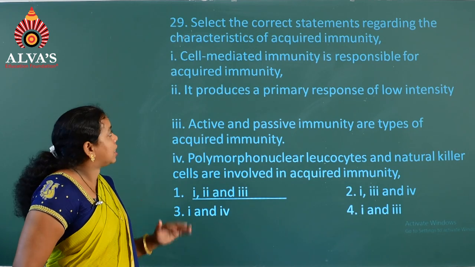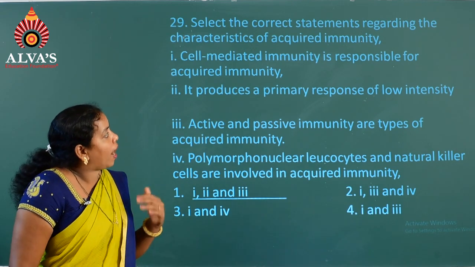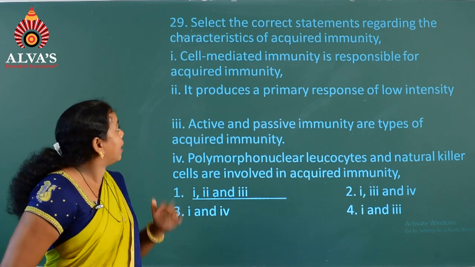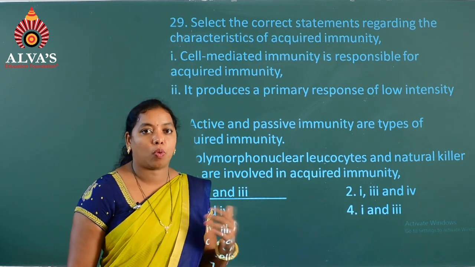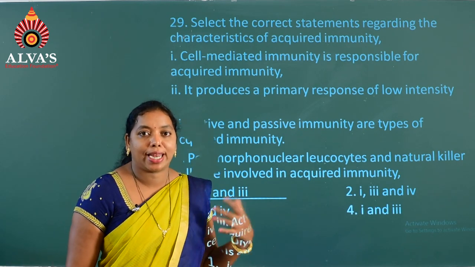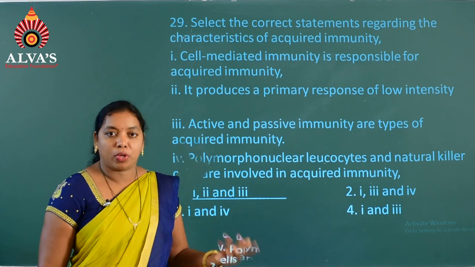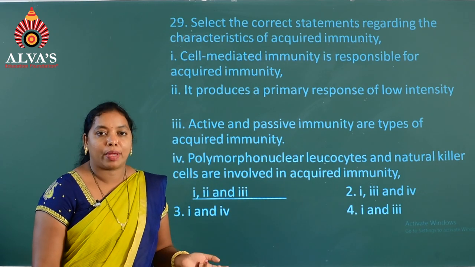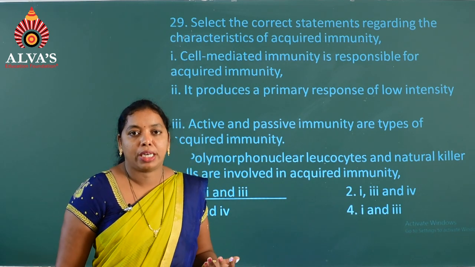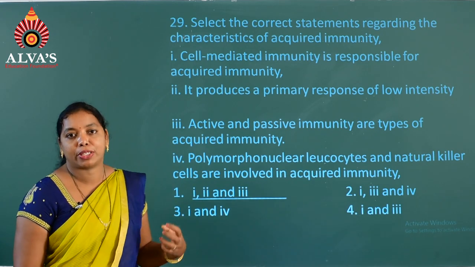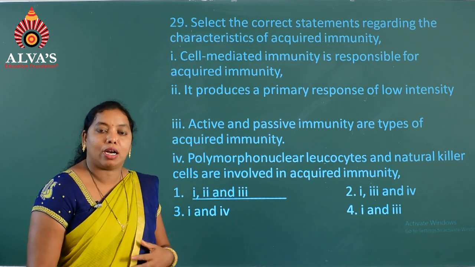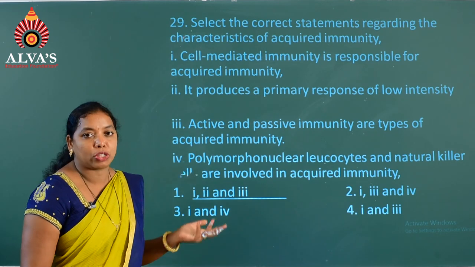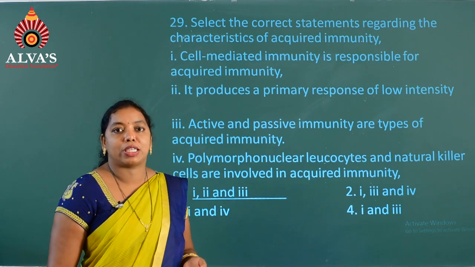The question is to identify the correct statement regarding the characteristics of acquired immunity, which is also called adaptive immunity or memory based immune response. Acquired immunity is very specific to the particular type of pathogen, and hence is also called specific immune response.